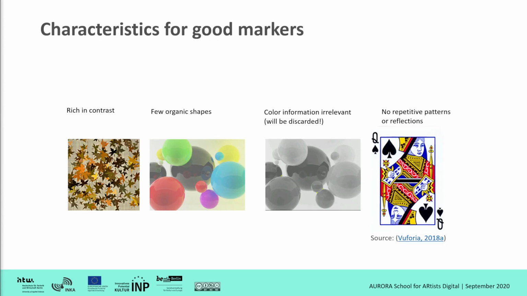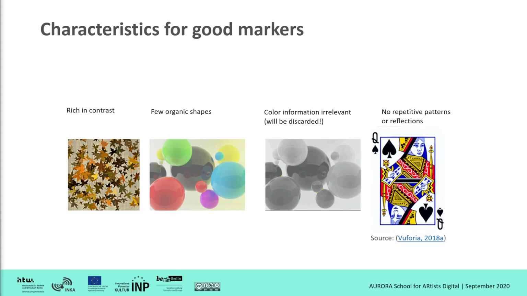In the next step, we will create a marker database. But first of all, I would like to talk with you about the characteristics of good markers. A marker you can imagine like an image that you have printed out, like a picture of the Mona Lisa, or a selfie of you, or just a simple picture of a leaf. But not every picture is a good marker.